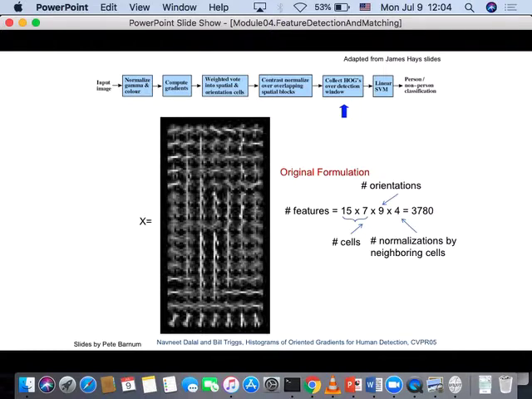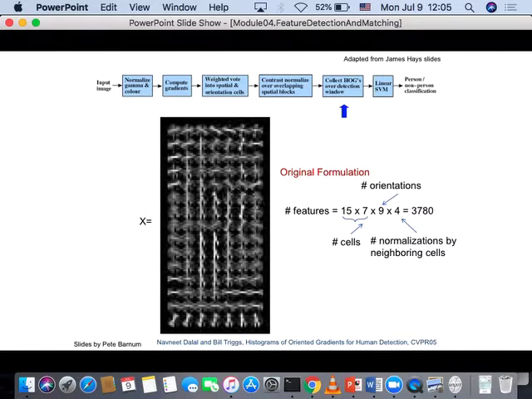So the number of features is 7 by 15 because that's the number of cells, multiplied by 9 because every histogram has 9 values in it, since that's the length of the histogram. But then there are 4 copies of it, because that histogram is normalized 4 different times for each cell.